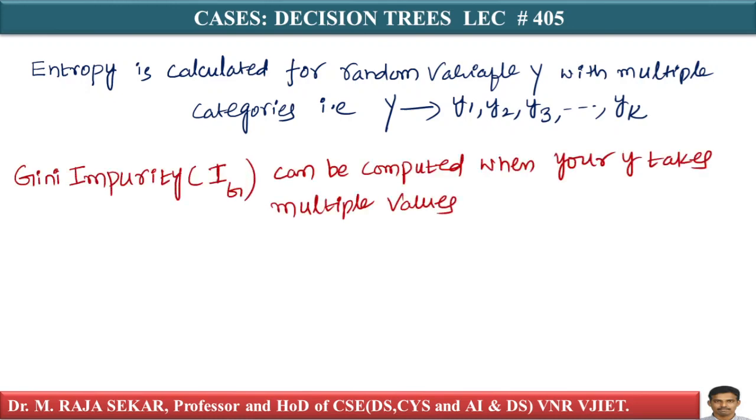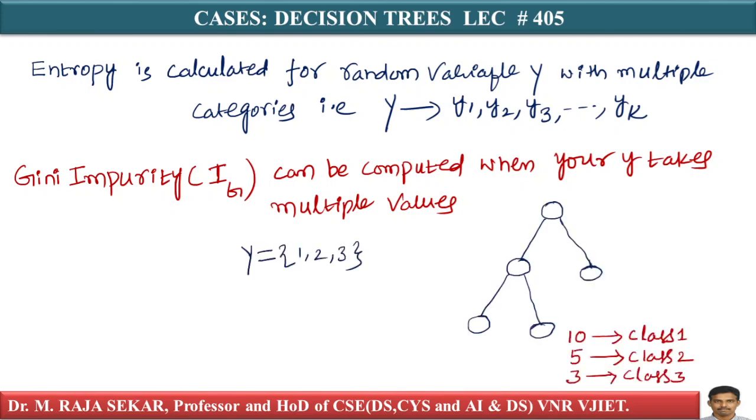And what happens at a leaf node? For example, at a leaf node, let's assume you have three classes. Y can take three classes, let me assume these are the classes 1, 2, 3. Suppose I have 10 points of class 1, 5 points of class 2, and 3 points of class 3.